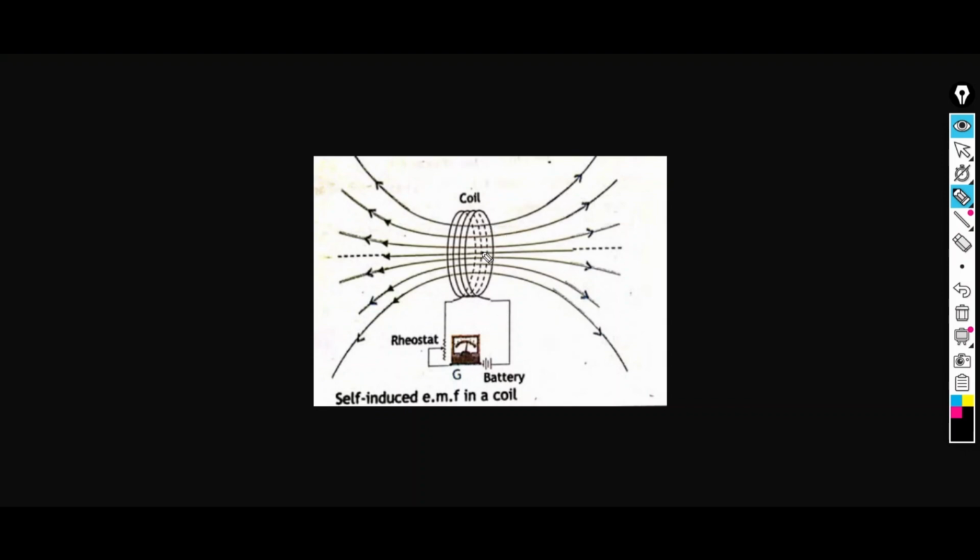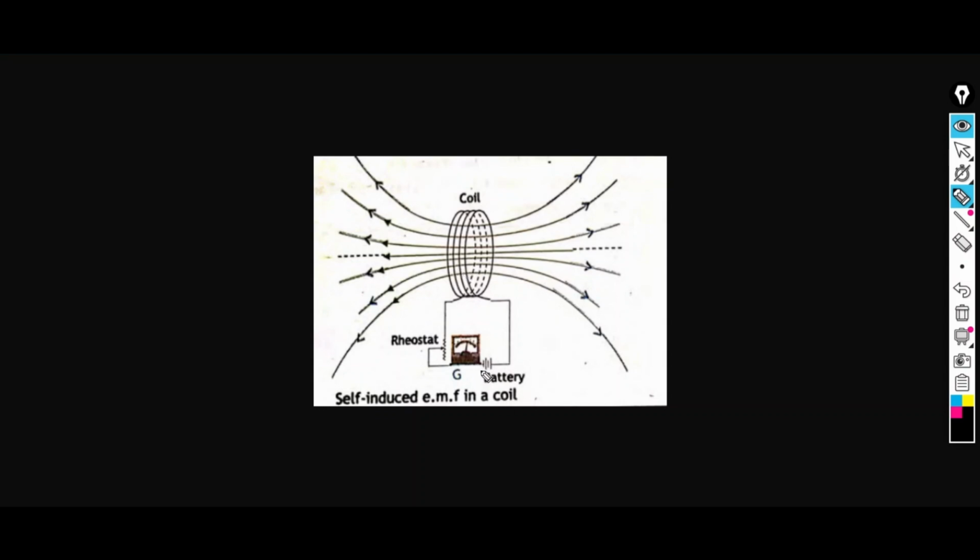Okay, and now the EMF induced here in this coil due to the change in the magnitude of the magnetic flux, that self-induced EMF will oppose the current which is provided by this battery, so it will decrease that current. This opposition is described by Lenz's law.